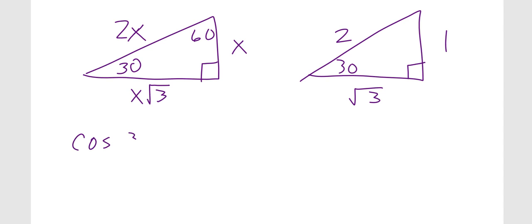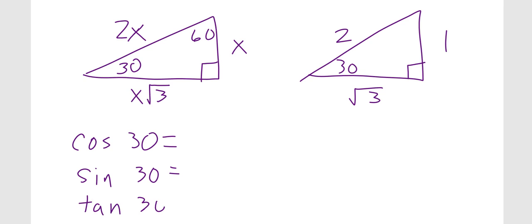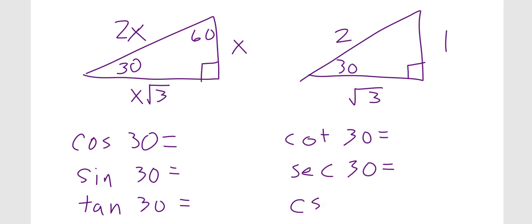Alright, so cosine, sine, tangent. Cotangent. Secant. Cosecant. Find all 6 of them now.